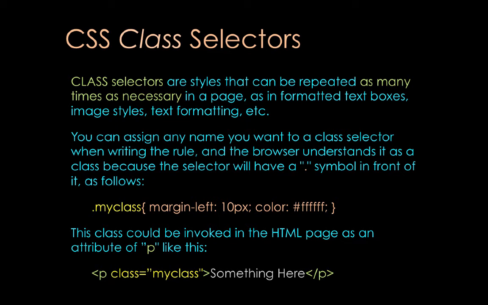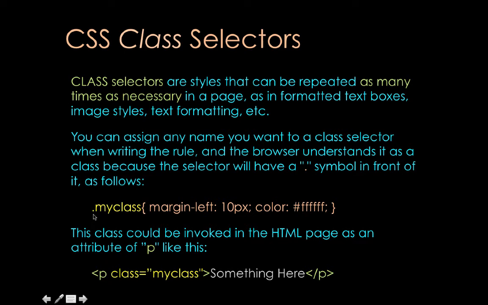But for a class selector, let's say you've got several products on a page that you want to style in a certain way, and you want all the products to look the same. You would use a class selector for that, because then you can style it multiple times using the class name. An example down here is this class called my class.